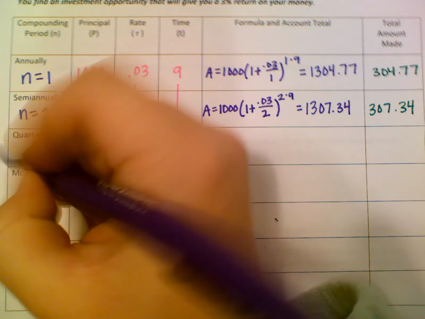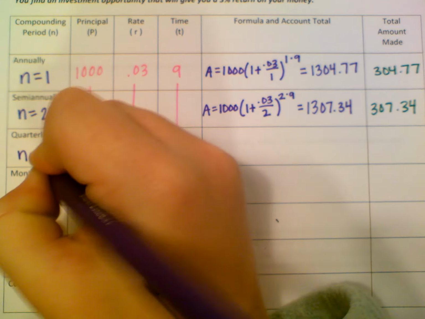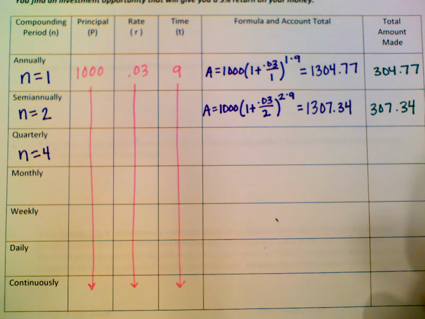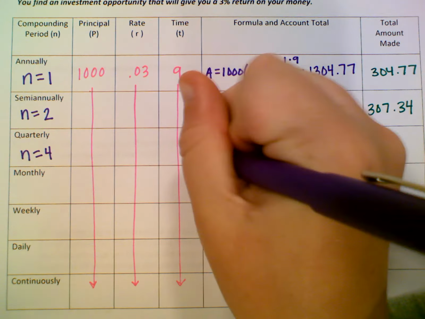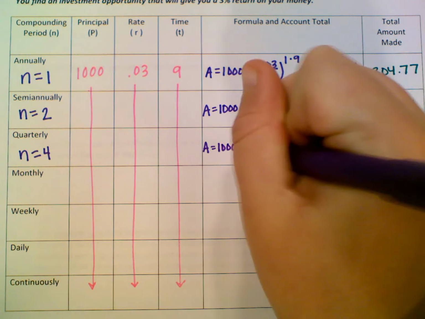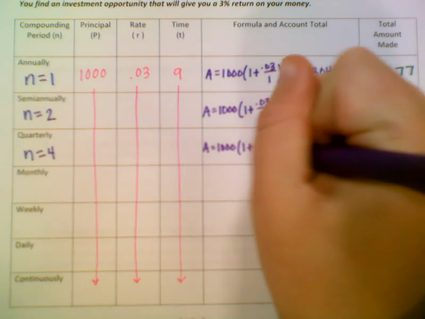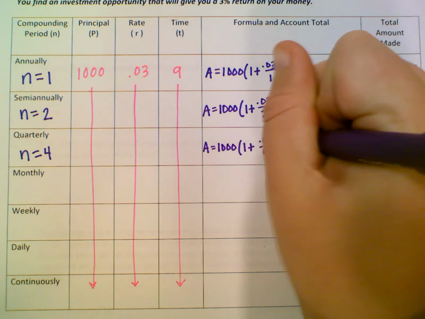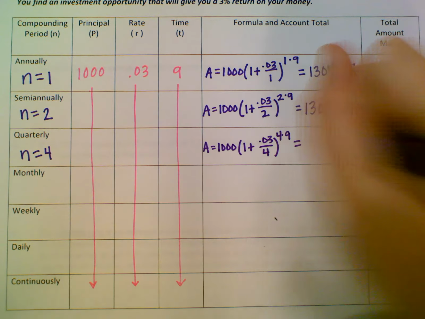All right, quarterly, that's going to be 4 times a year. And so same exact formula, but this time it's going to be 0.03 divided by 4 to the power of 4 times 9.